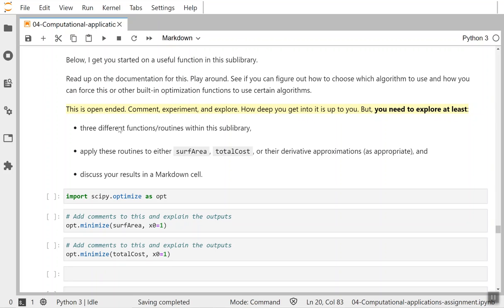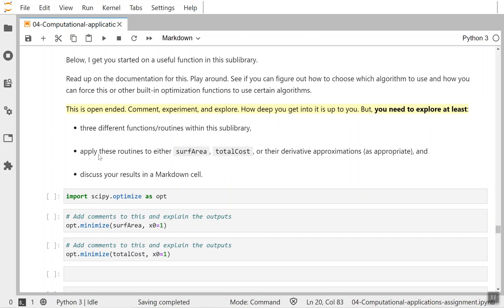This is a rather open-ended problem. I want you to comment, experiment, and explore. How deep you get into it is up to you, but you need to explore at least 3 different functions or routines, whatever you want to call them, within this sublibrary. I'm showing you minimize. Please do at least 3 more different ones than minimize.